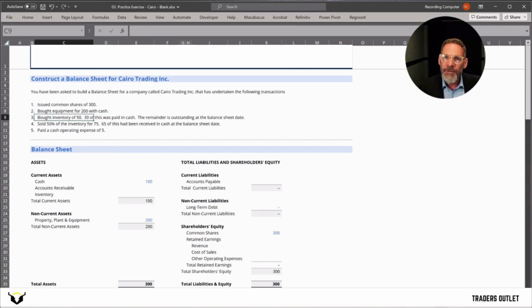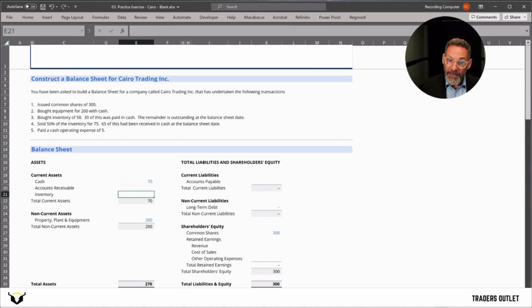Here we bought inventory of 50. 30 of this was paid in cash, but the remainder is outstanding at the balance sheet date. In other words, 20 is still owed to our suppliers, and we call that liability accounts payable. So let's actually start with cash. So we're going to take 30 off because we're decreasing cash, so it's a credit.